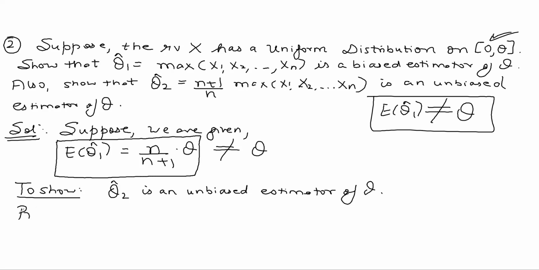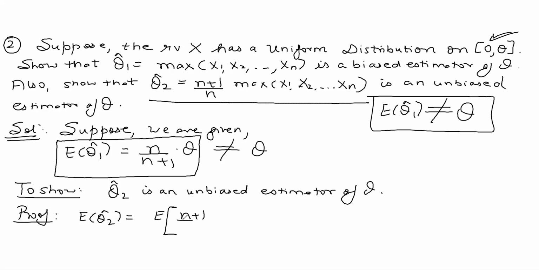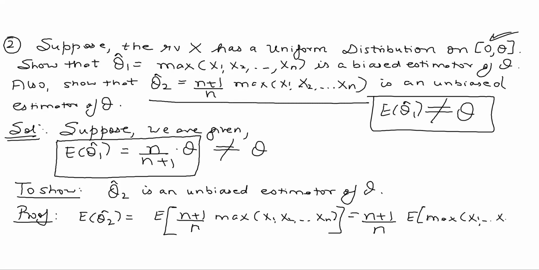So if I look at the proof, the expected value of theta 2 hat is the expected value of, what is theta 2 hat? n plus 1 by n times max of x1, x2, dot dot dot xn, which is n plus 1 by n, a constant, into the expected value of max of x1 to xn.